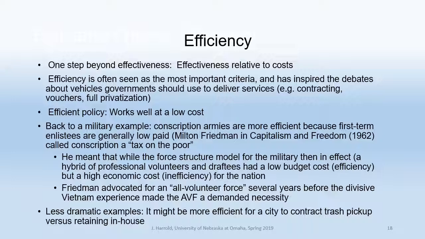But basically, what that allowed was the military services to pay first term enlistees at a very low rate, right? Most of these were young men, they weren't married, and they were drafted into the army, for example, and they got paid very poorly. But then again, they didn't really need to be paid great, right? Because they all lived in the barracks, they didn't need cars, they didn't have all these creature comforts, right? So this was thought to be efficient.